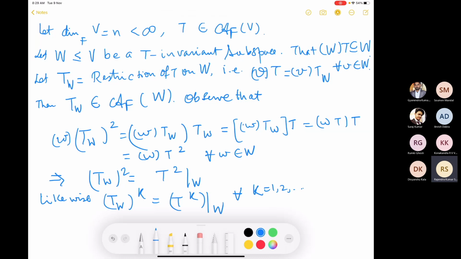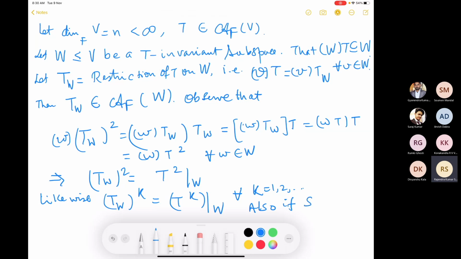Also, if there are two linear transformations, T1 and T2, restricted to W, their sum also will be restricted to W. Also, say you have S also.